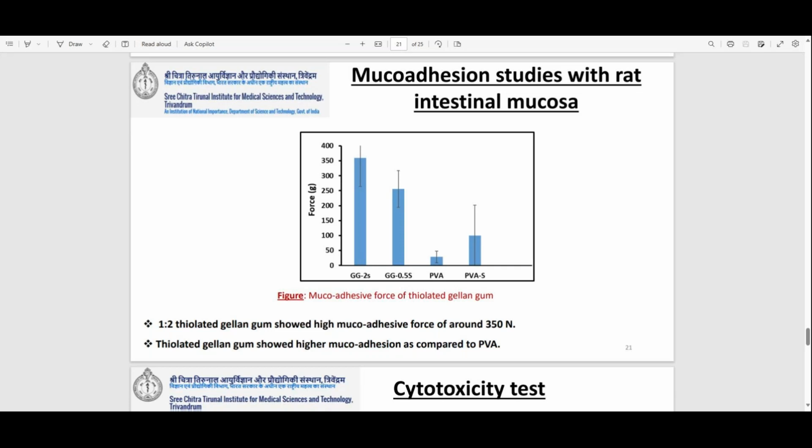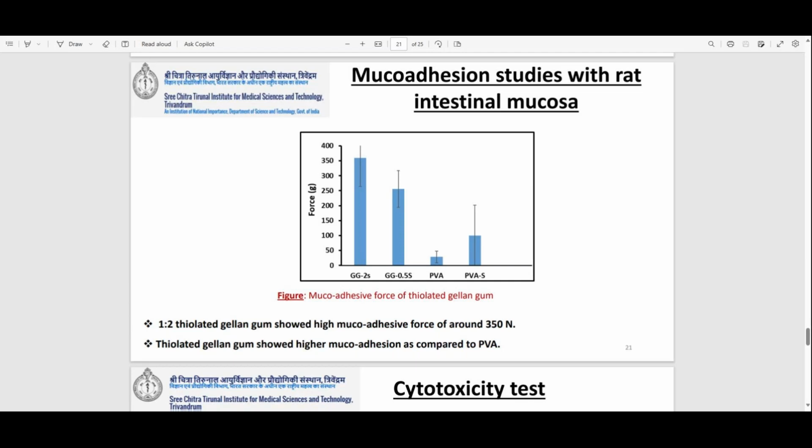Compared to the PVA, polyvinyl alcohol control, it's coming less than 50 gram in the bare PVA, and the dilated PVA is coming around 100 gram, but it has a very high standard deviation, so more samples have to be done to get significant values. But still these values are very promising, as it is having a very high mucoadhesive force.